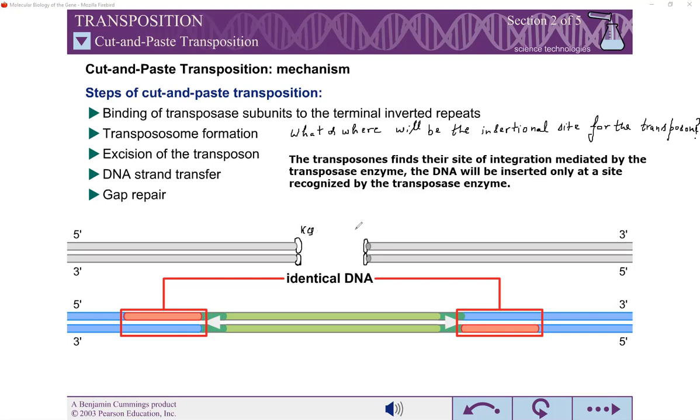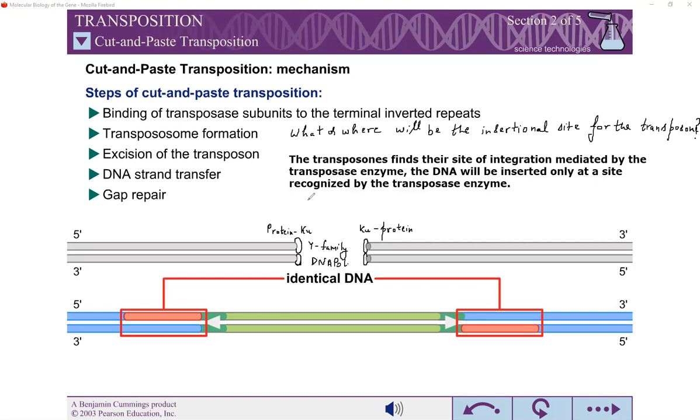Along with the Ku protein, the Y family DNA polymerases are going to interact and repair the damage caused.